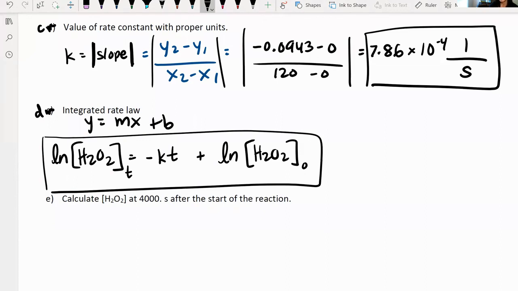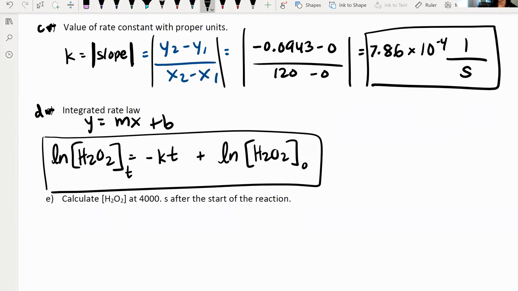Now for part E. They want us to calculate the concentration of the hydrogen peroxide at 4,000 seconds. So this is where the integrated rate law comes into play, because I told you, integrated rate law is for problems where they give you time and they ask you to solve for concentration, or vice versa.